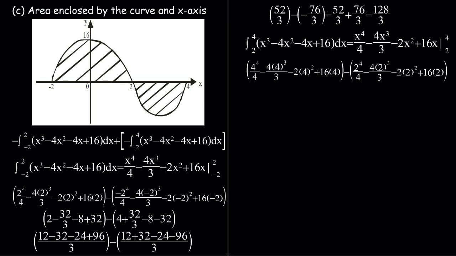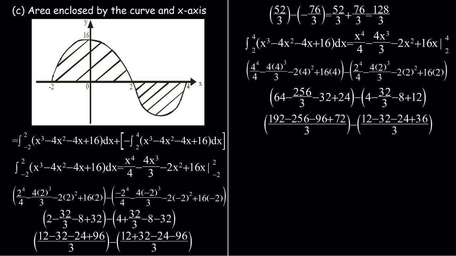Now simplifying both brackets, it becomes 64 minus 256 divided by 3 minus 32 plus 24 in bracket, minus 4 minus 32 divided by 3 minus 8 plus 12 in brackets. Now simplifying both fractions, it becomes 192 minus 256 minus 96 plus 72 divided by 3 in bracket, minus in bracket 12 minus 32 minus 24 plus 36 divided by 3.